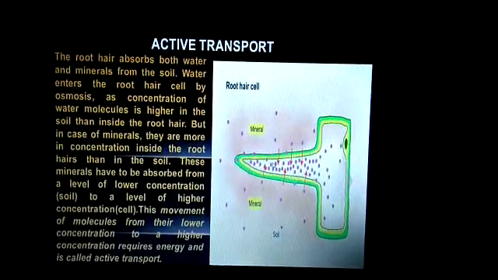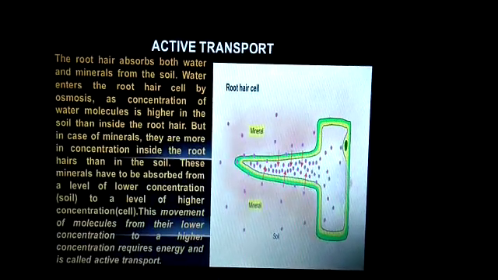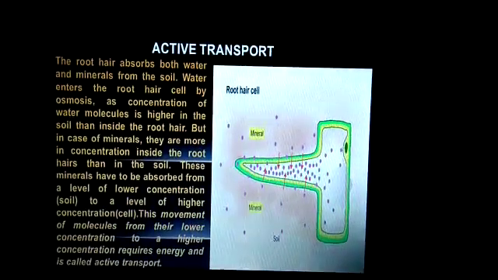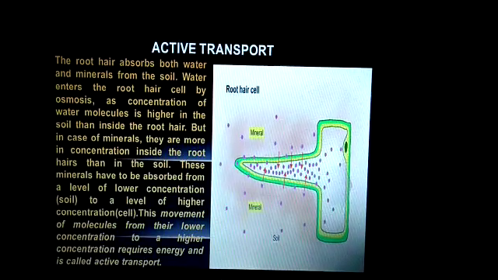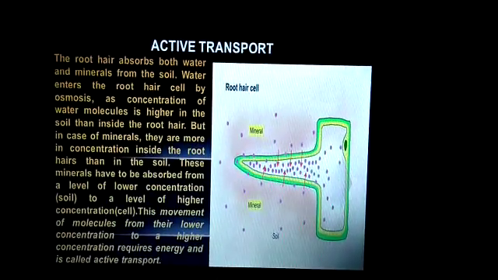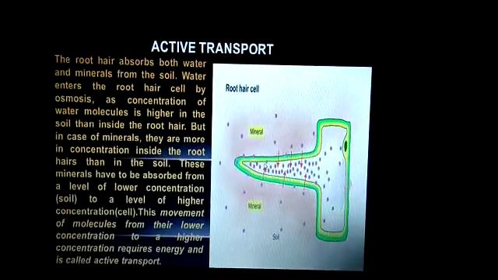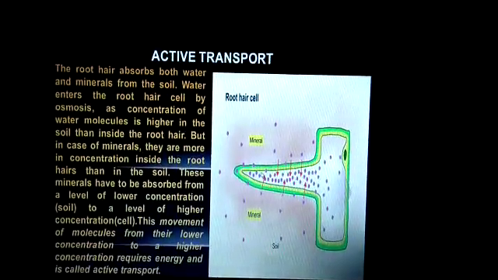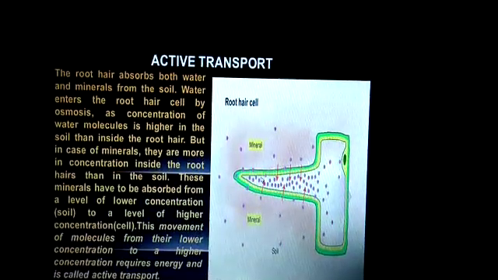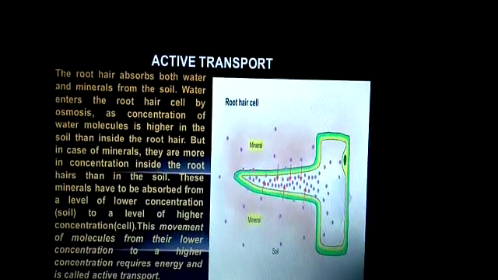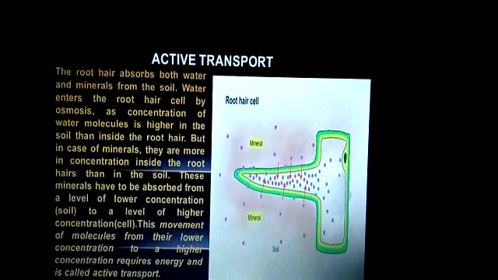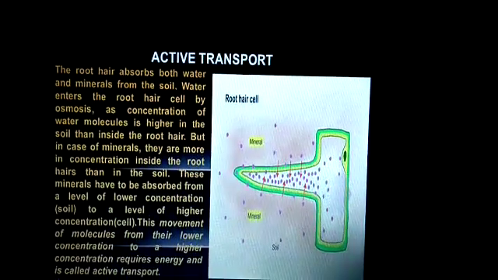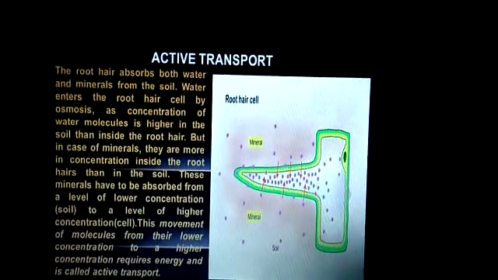In the previous one, in diffusion, as I explained, water molecules and minerals move towards the root hair cell by the process of diffusion and osmosis. And in this, when the root hair absorbs both water and minerals from the soil, water enters the root hair cell by osmosis.